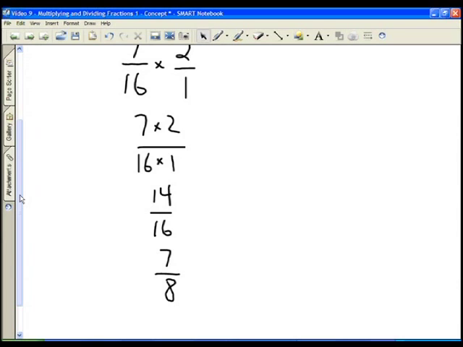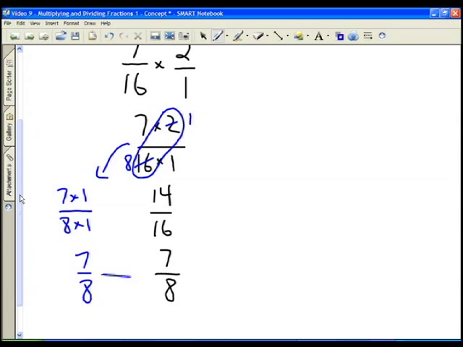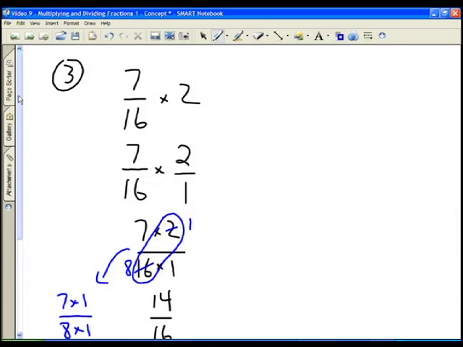We could also, just like the last example, look at these two and reduce at this point. 2 goes into 2 once, and 2 goes into 16 8 times, and then this would translate into 7 times 1 over 8 times 1, which would give us 7/8. So if you're asked to reduce, you could do that either way.